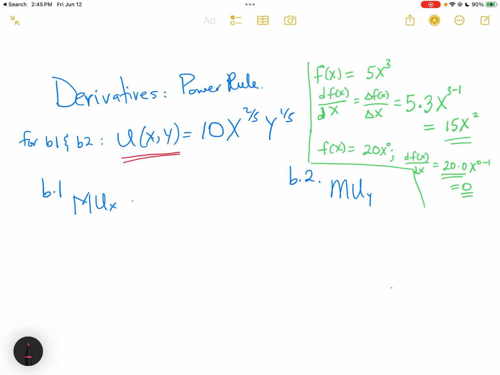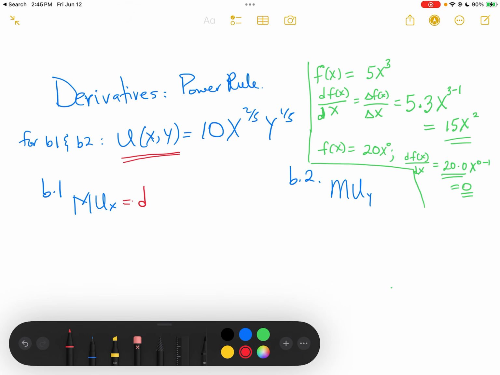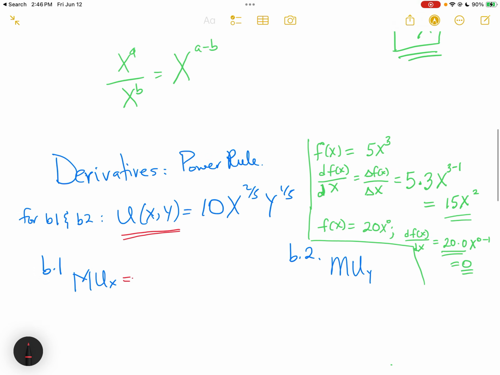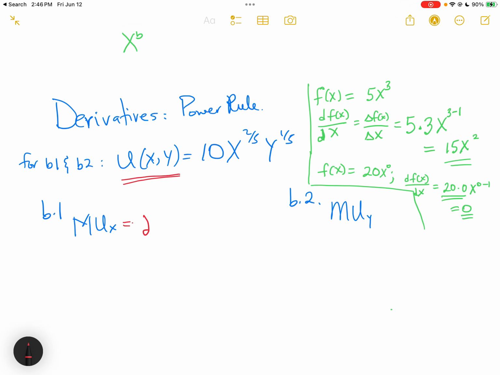The marginal utility of good x, that's the derivative, well, in this case, the partial derivative of the utility function with respect to good x, will be written as 10 times the power on x, 2 over 5, times x to the power 2 over 5 minus 1.